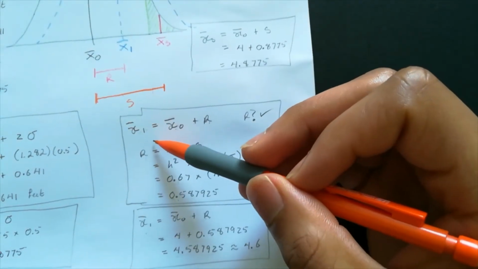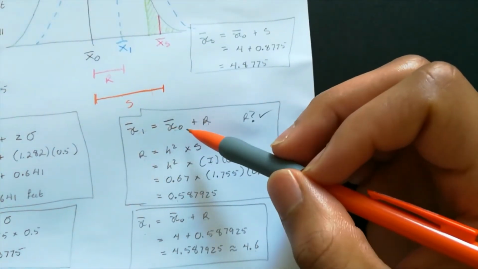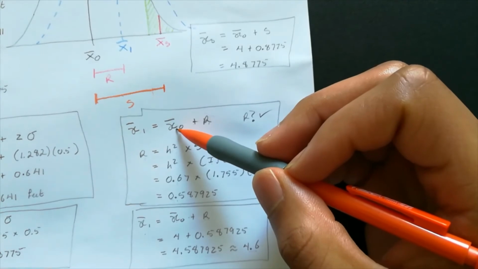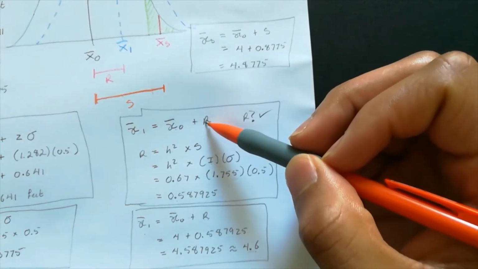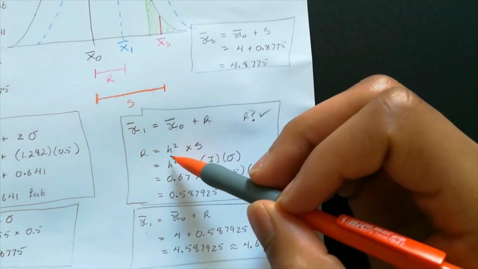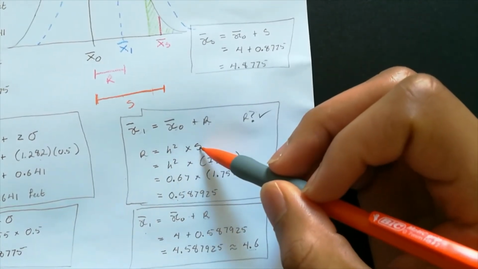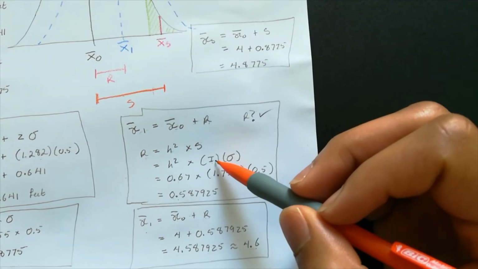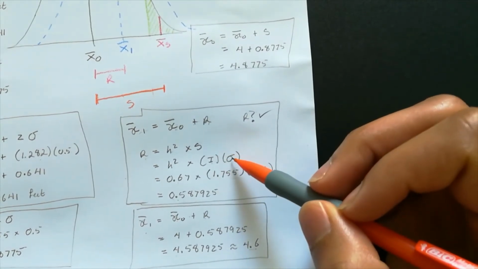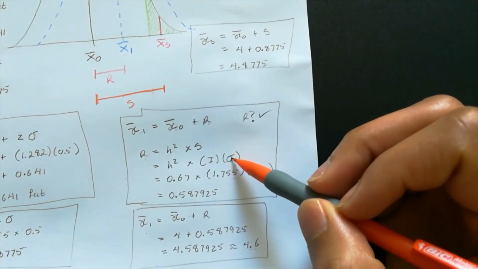The mean of the offspring population was calculated by adding the mean of the original population to the response to selection, which was calculated by multiplying the heritability by the selection differential, which is the selection intensity multiplied by the standard deviation.